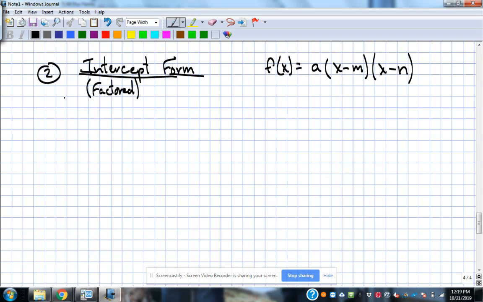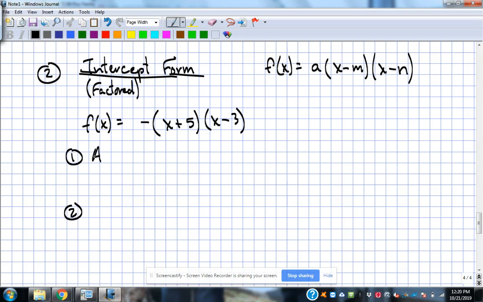So let's look at an example that's in intercept form. f(x) equals negative (x + 5)(x - 3). Here we have a negative in the front and then an x plus 5 and an x minus 3. We're still going to find all of these things.